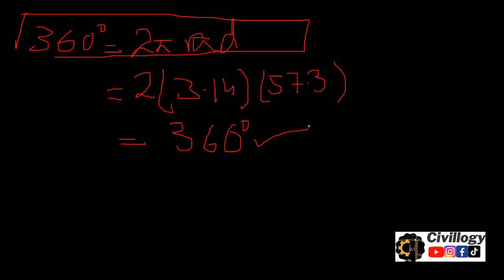So let's have an example to convert degrees to radians. Let's suppose we have an angle of 80 degrees, and we have to convert it into pi radians.